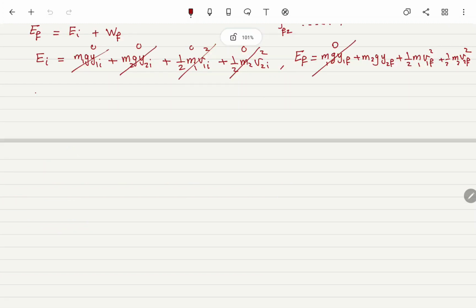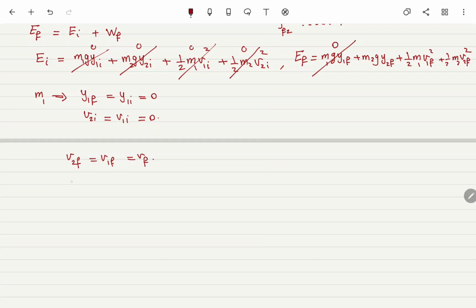Now since m1 is moving horizontally, y1 final equals y1 initial, which equals 0, and the system starts from rest, so v2 initial equals v1 initial, which equals 0, and v2 final equals v1 final, and let's just name it v final.